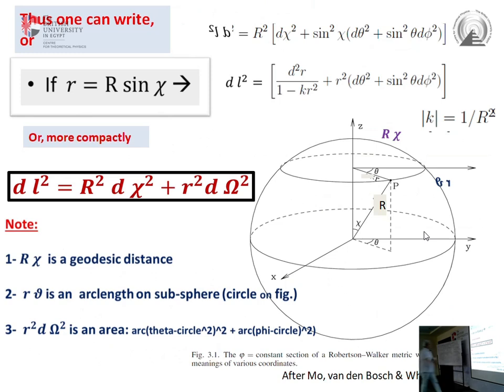So this is the metric here. R is Euclid. This is important. R multiplies angles. It's the Euclidean distance on 2 subspheres that multiplies angles, d theta in 1 dimension and d phi in 2 dimensions, which are important because these will define our distances.